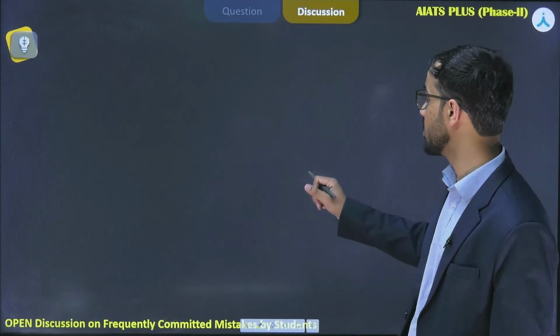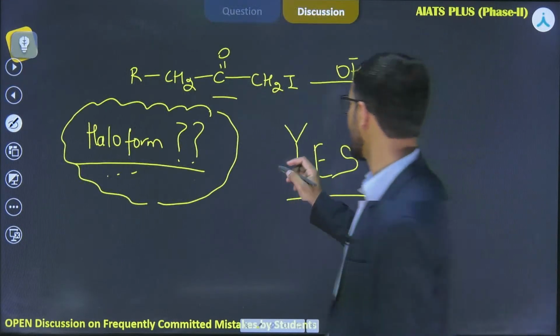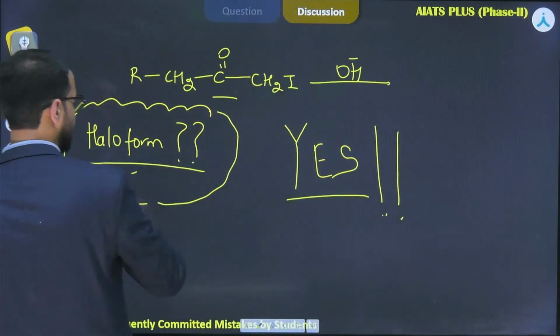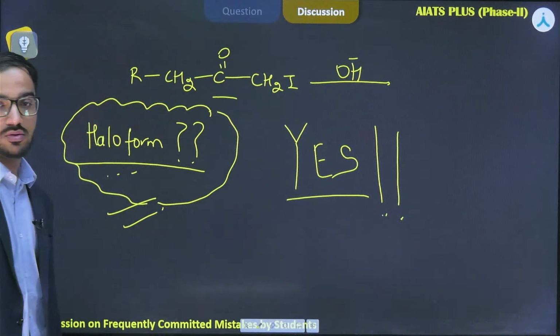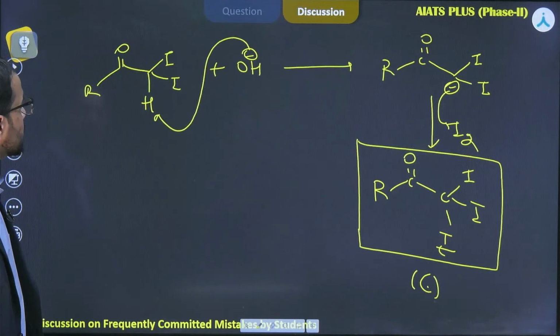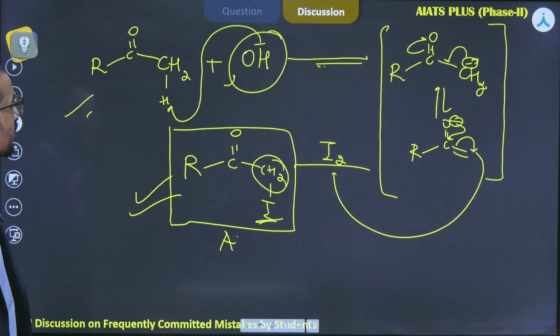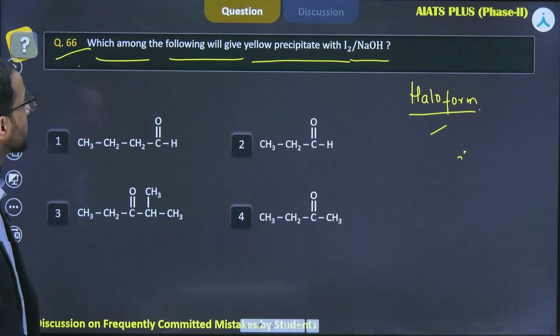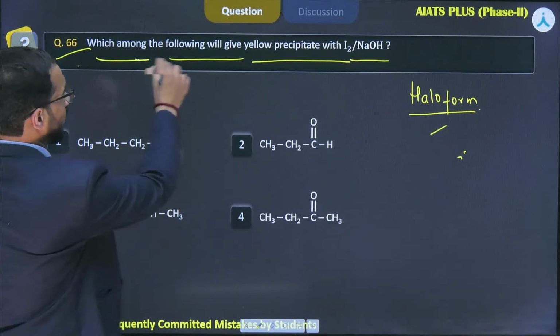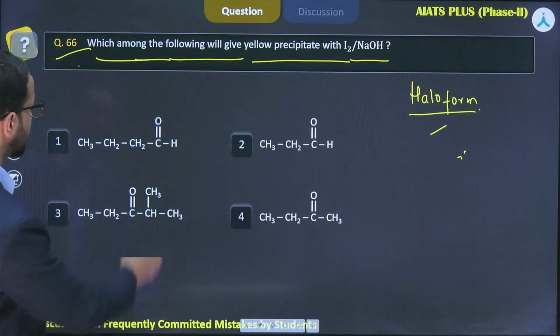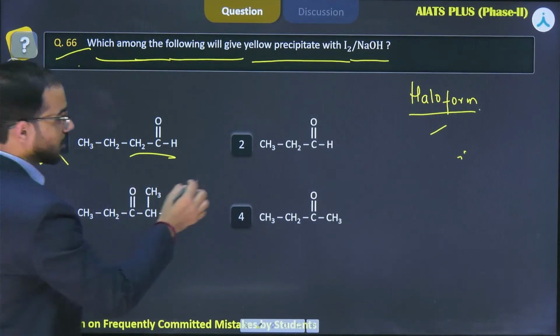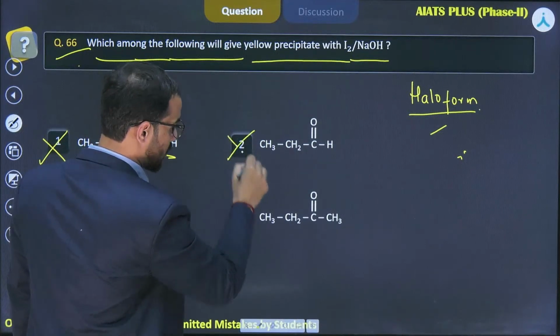Yes, it will give a haloform reaction and product. Let us go back and check which answer is correct, and then we'll move to the next part. Which among the following will give the yellow precipitate with this? This will surely not give it.